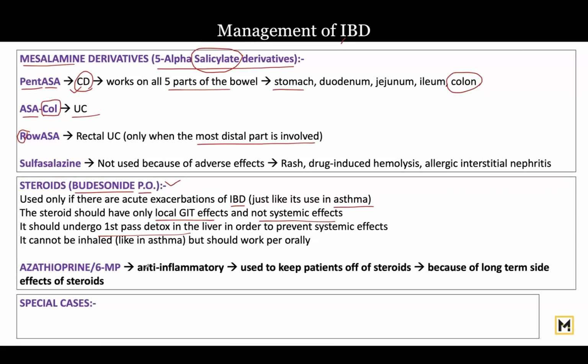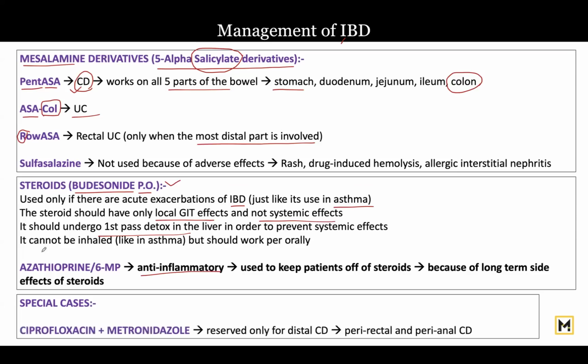Azathioprine and 6-mercaptopurine, again, are anti-inflammatory drugs that are used in other conditions like rheumatoid arthritis. So in case you don't like to use steroids for some reason, you can go for azathioprine. And in very special cases, you can use a combination of ciprofloxacin and metronidazole only for distal Crohn's disease around the perirectal and perianal regions.